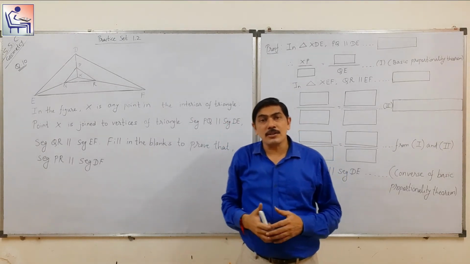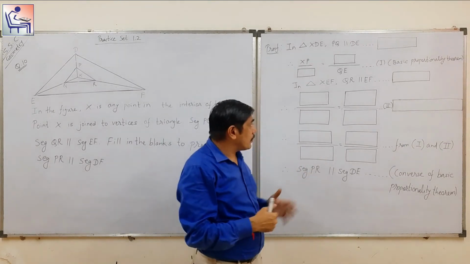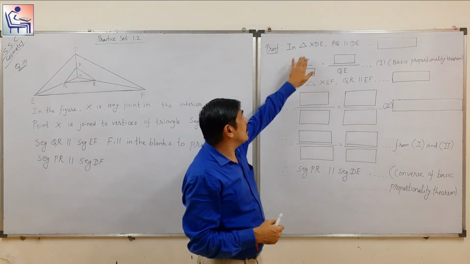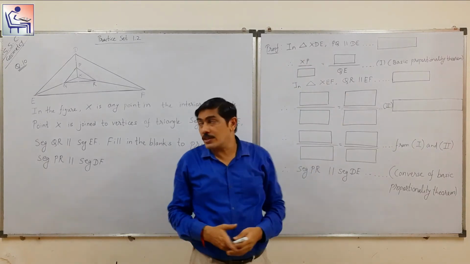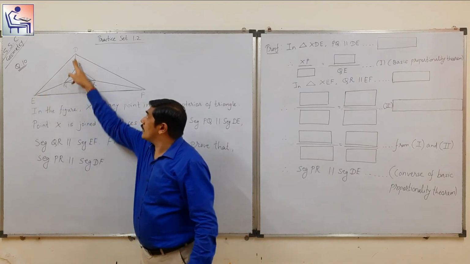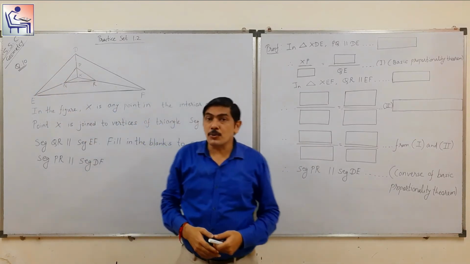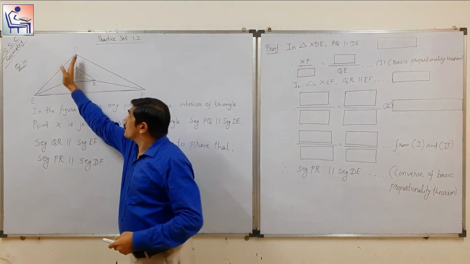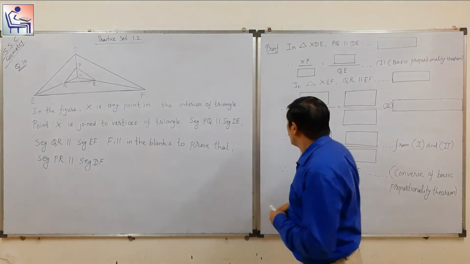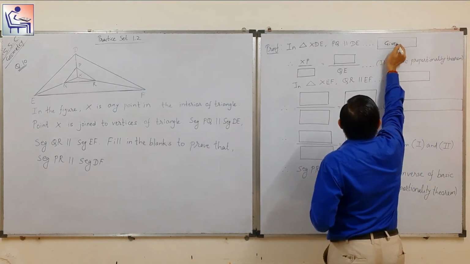So let's start. This is an activity based question, so we have to fill up all the boxes. In the triangle XDE, PQ is parallel to DE. This is already given to you, so we will write in the first box, given.